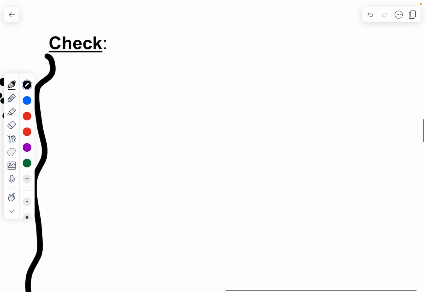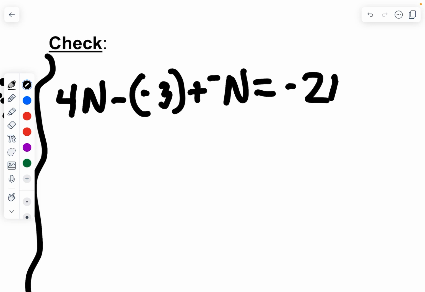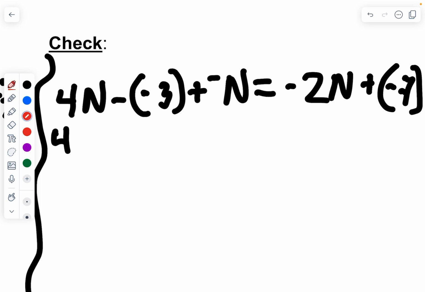Let's go ahead and work on that check. So 4n minus a negative 3 plus negative n, equals 2n plus negative 7. I'm going to take out the n and I'm going to put in negative 2.